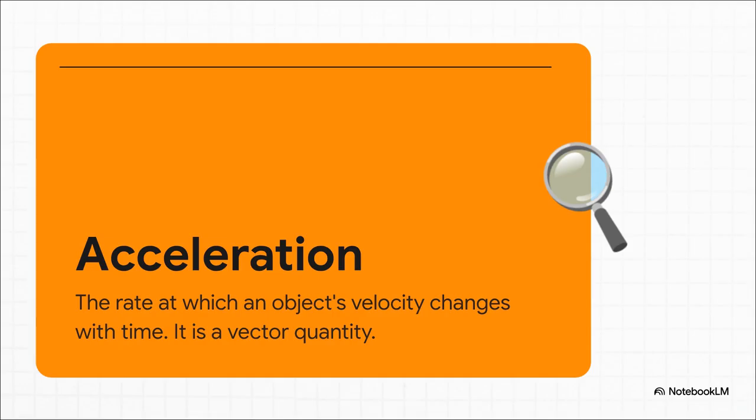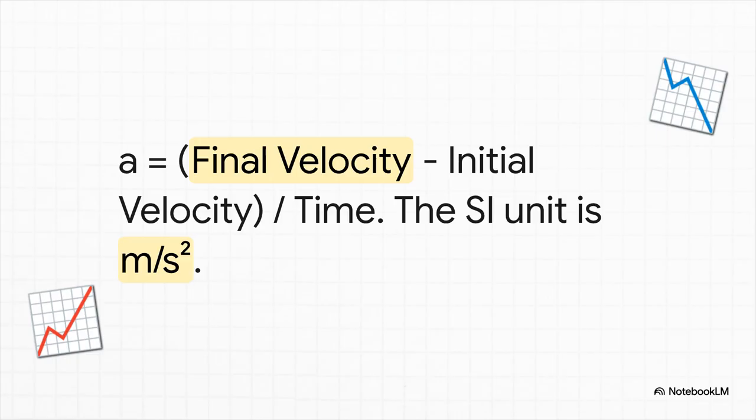A change in your speed or a change in your direction counts as acceleration. And since it's all about velocity, you guessed it, acceleration is a vector too. The formula for it is pretty cool. You just take your final velocity, subtract your initial velocity, and divide by how long that change took. This is also why the unit is meters per second squared. It's a change in velocity, which is meters per second, happening over a certain amount of time, per second.